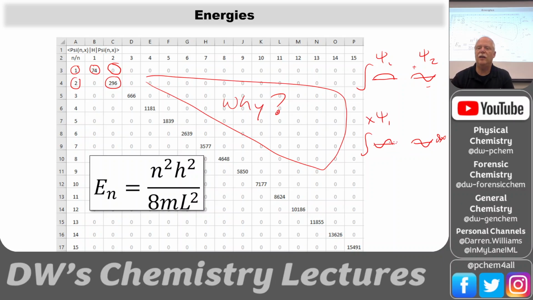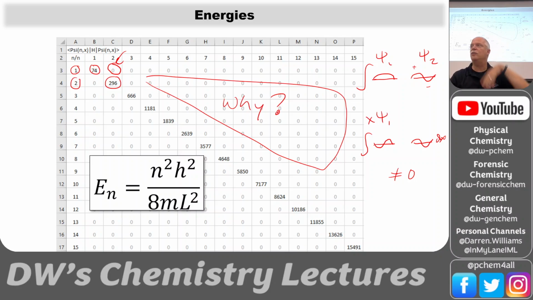Don't get worried about them being the opposite sign of each other because we're going to square this integral. So this is going to end up being not equal to 0. It's going to be some negative number, we square it, it becomes positive. But the point is, it's not 0 anymore. Why? Because light came in, and now light can cause a non-zero result between wave function 1 and wave function 2. That's a transition.